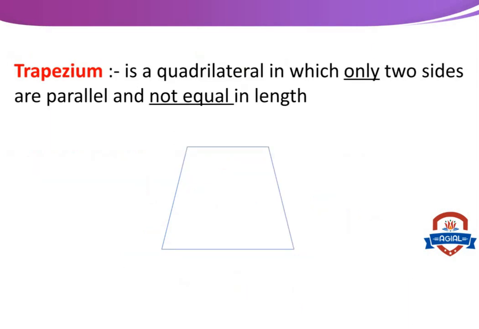Trapezium. What is the meaning of trapezium? Trapezium is a quadrilateral in which only two sides are parallel and not equal in length. ABCD is trapezium.